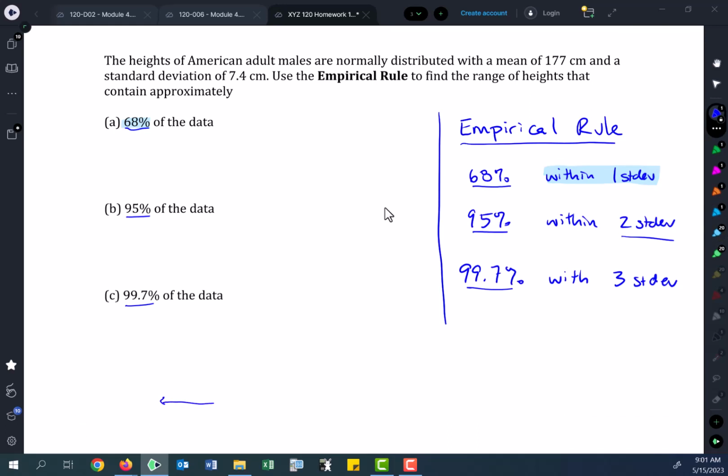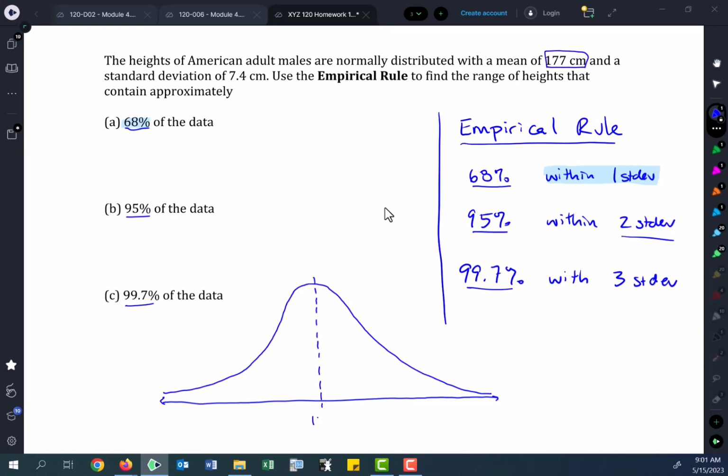Well, you just think that there's this hypothetical normally distributed set of data somewhere. You don't have to see this bell curve, but it helps to think about it. The mean of this bell curve is given as 177 centimeters. That's in the center of our distribution. Then we have a standard deviation of 7.4 centimeters.